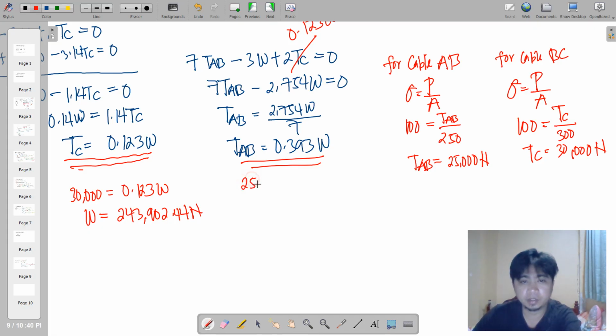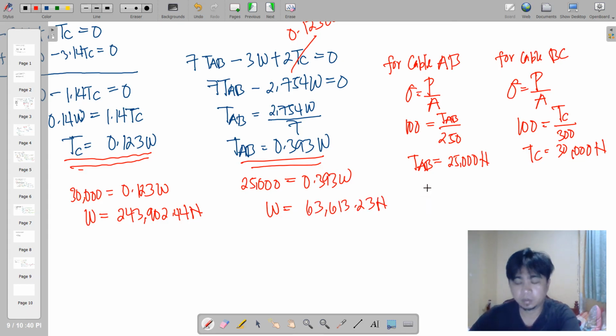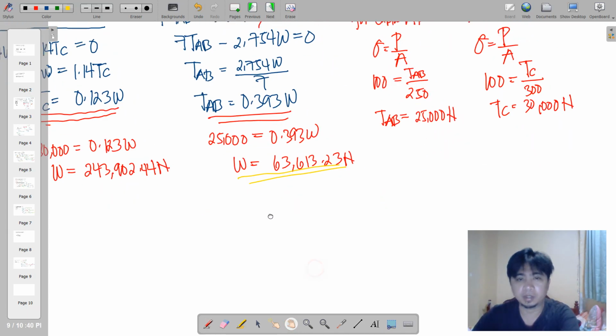So we have here 25,000 is equal to 0.393 of W. So we obtain a value for W here, 63,613.23 newtons. So among these, of course, we're gonna choose this as the safe value for W.